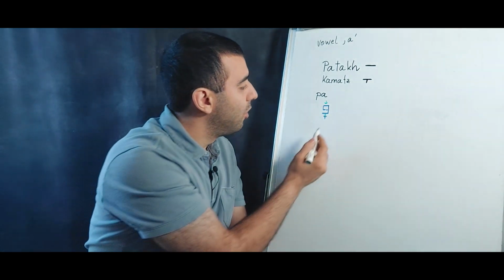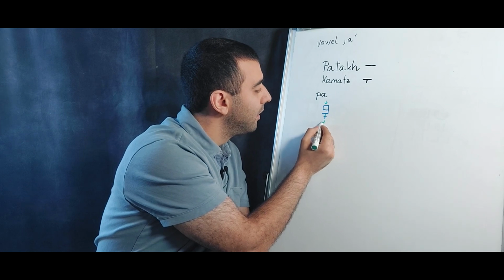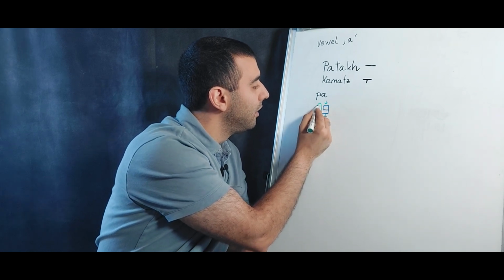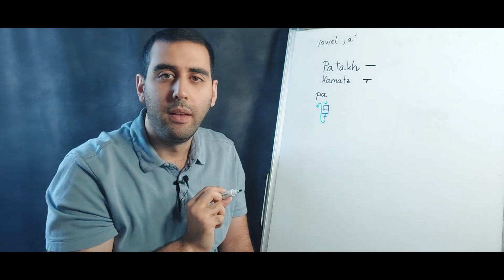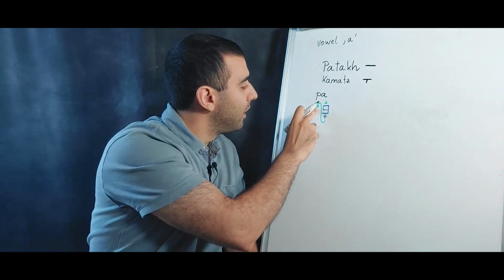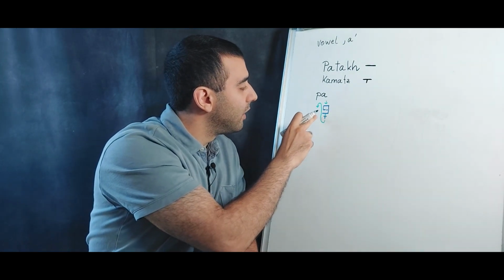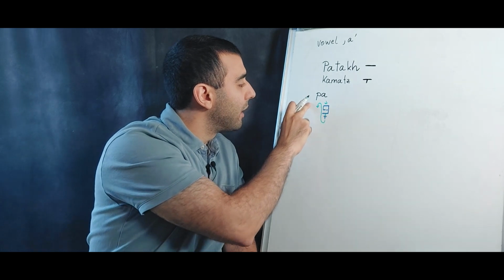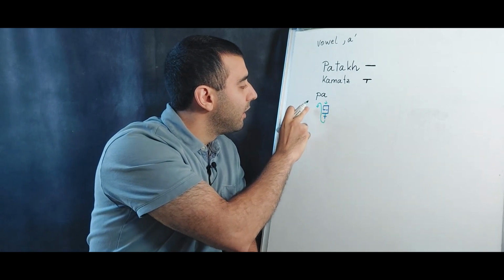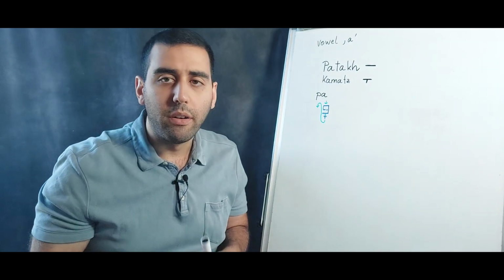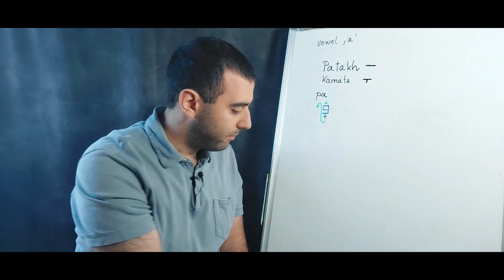Okay, so the next consonant will be over there. And then we go on, we read the next consonant, then follows the next vowel, then again back to the top, the next consonant, the next vowel, and so on and so on.